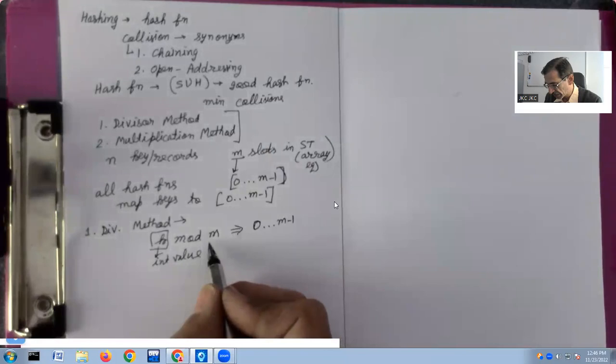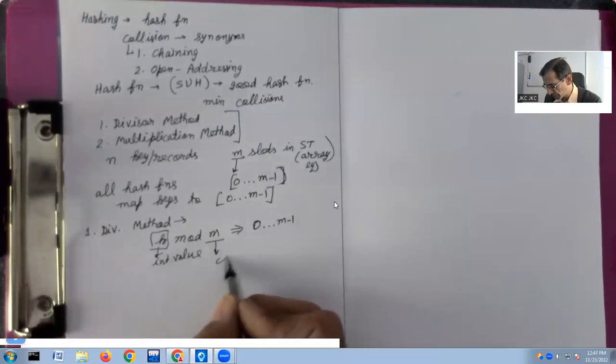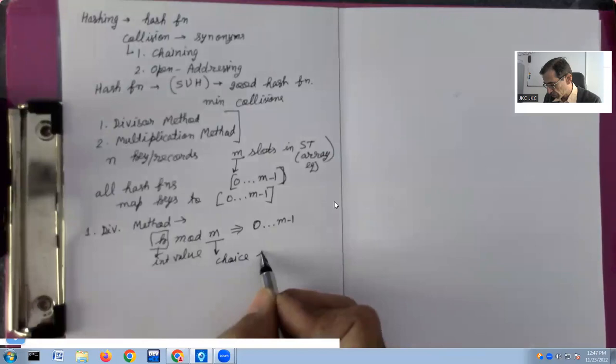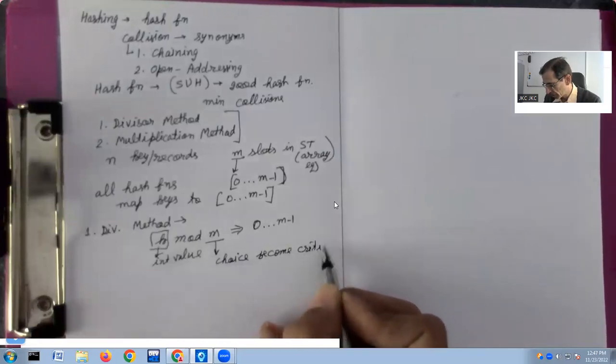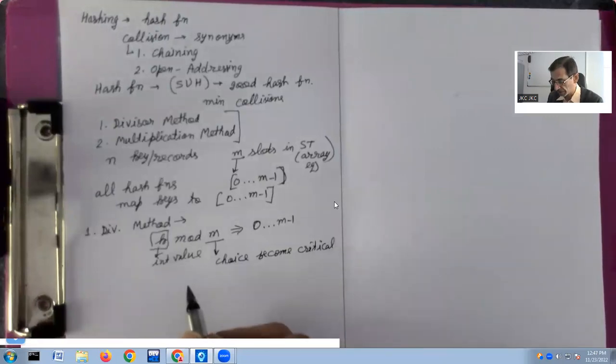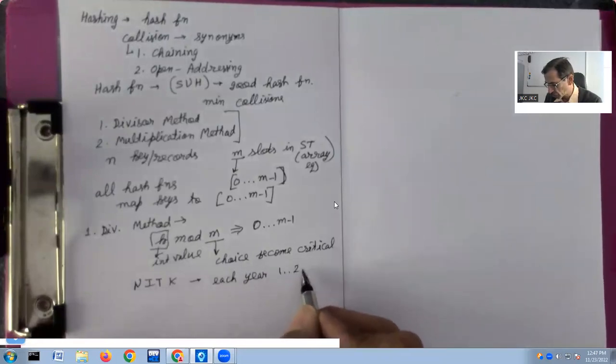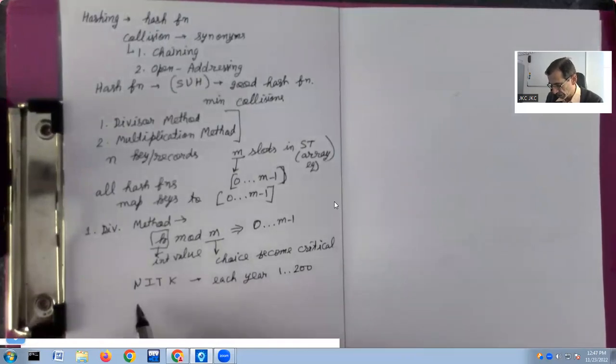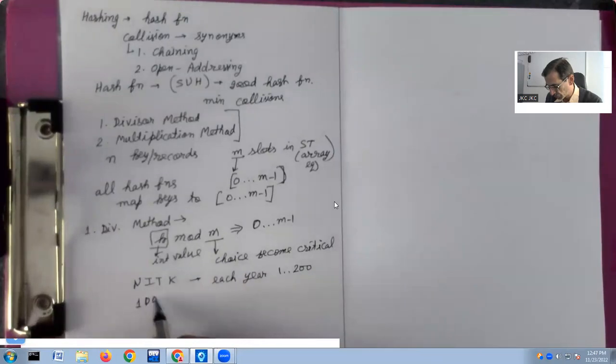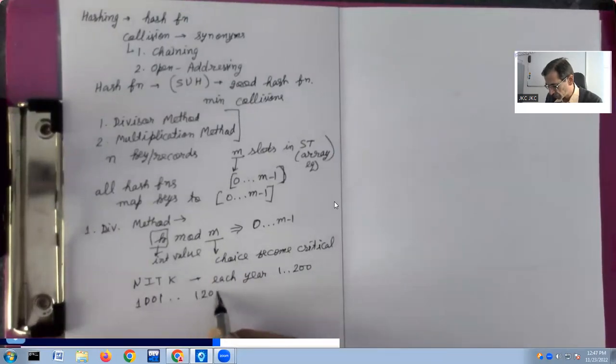But if I do it like this, then the choice of m becomes very critical, because it decides how many collisions will happen. For example, say I have a college, NIT Kurukshetra, and each year I have students with roll numbers 1 to 200. My first year roll numbers are 1001 to 1200.